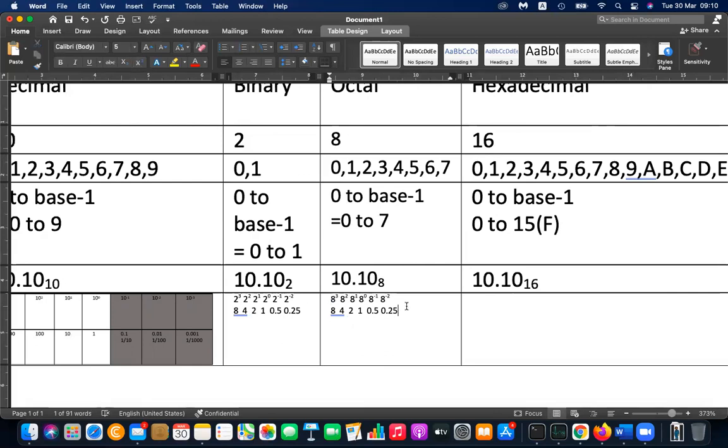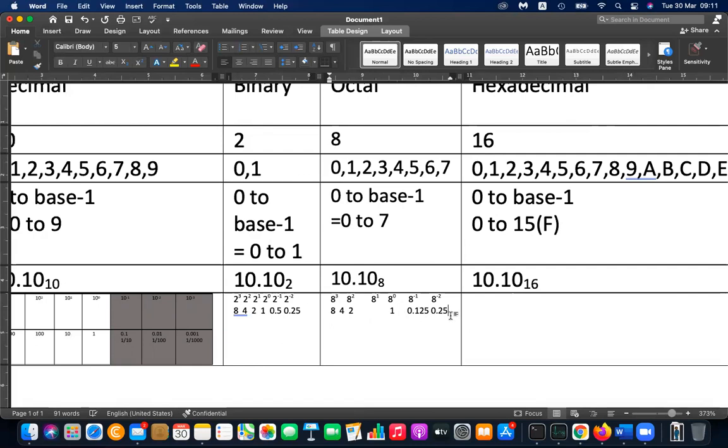Any number to its power 0 is 1. And 8 to the power minus 1 is 1 divided by 8, which is 0.125. Then 1 divided by 64.